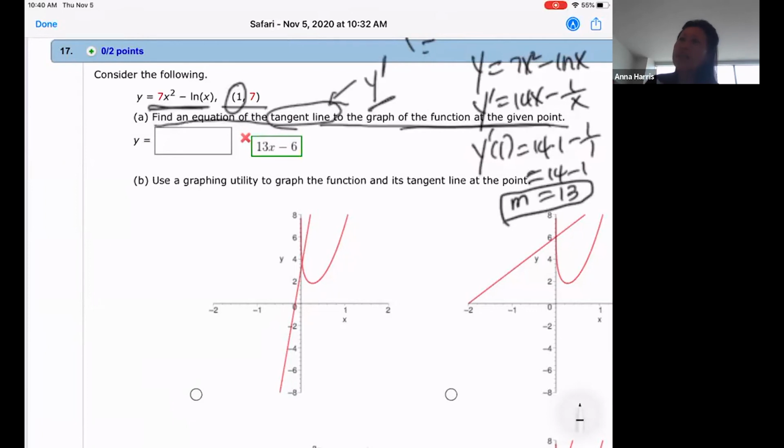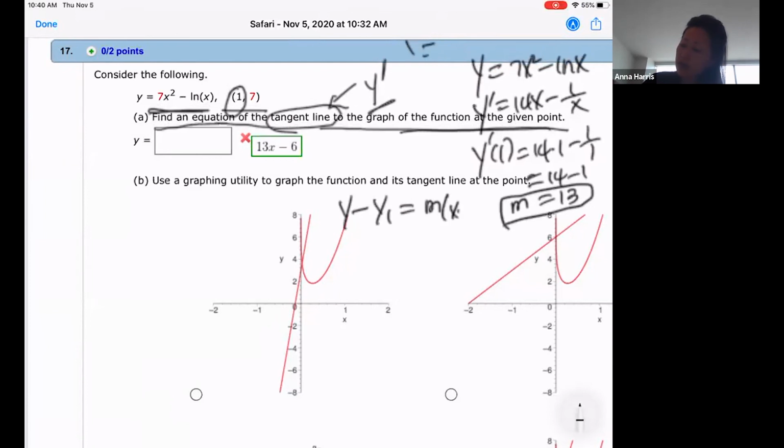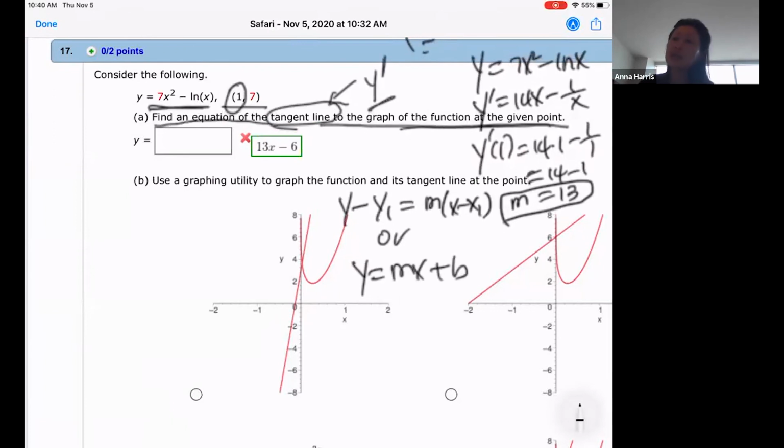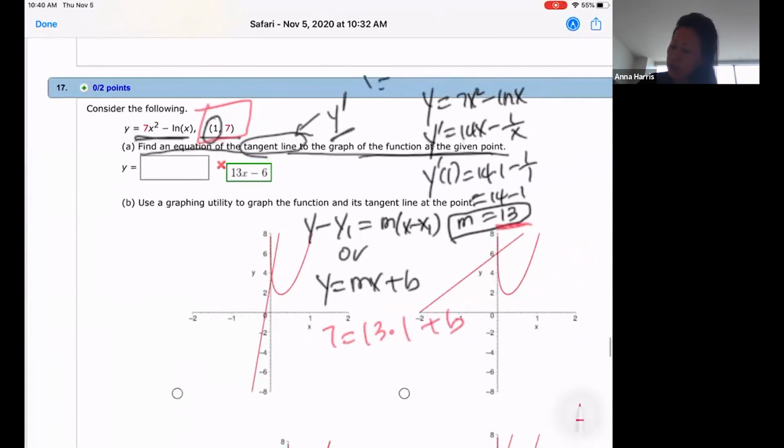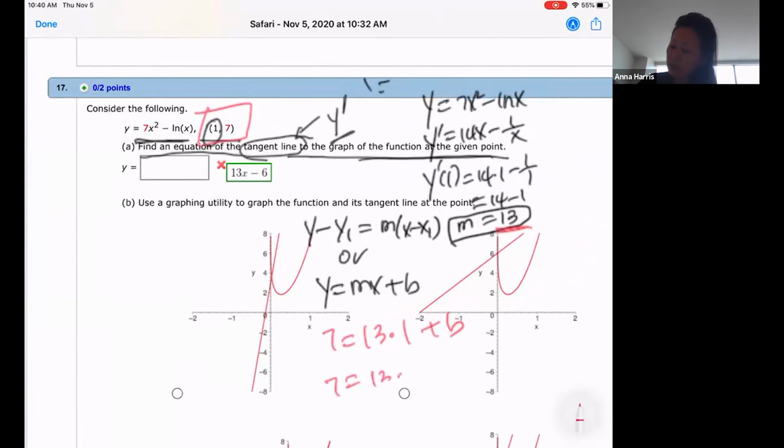Now, to find a tangent line, that means y minus y1 equals m times x minus x1. Or I can do y equal to mx plus b. And my m is 13 here, right? So I'm going to plug in 7 equal to 13 times 1 plus b, which gives me 7 equal to 13 plus b.